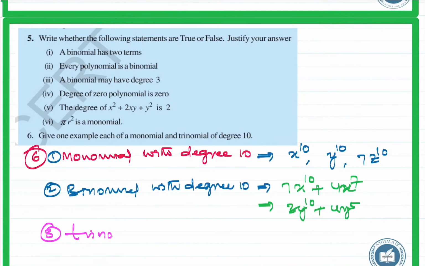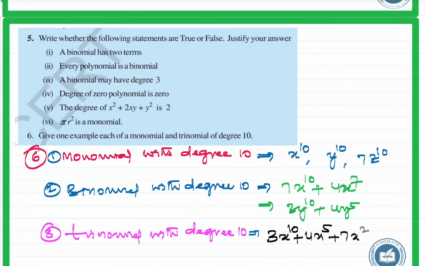Third one, trinomial with degree 10. It contains 3 terms and its degree is 10. So here 3x to the power of 10 plus 4x to the power of 5 plus 7x to the power of 2.